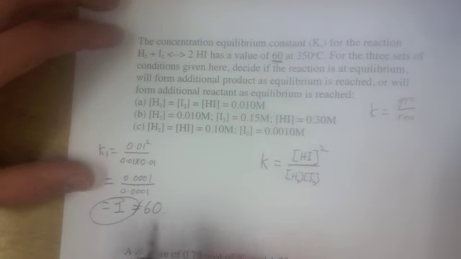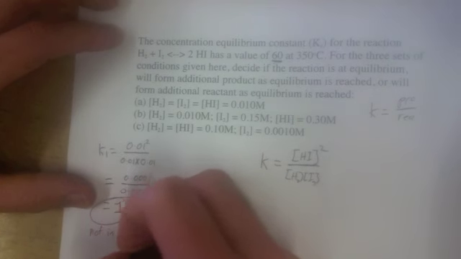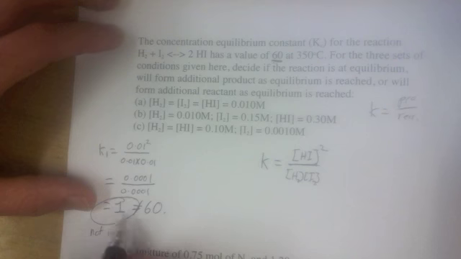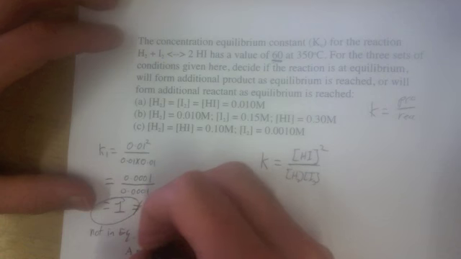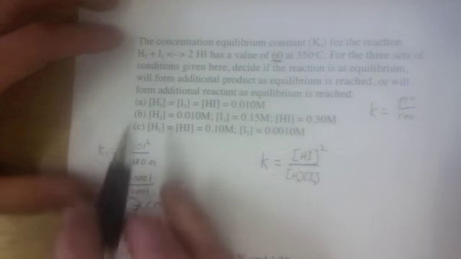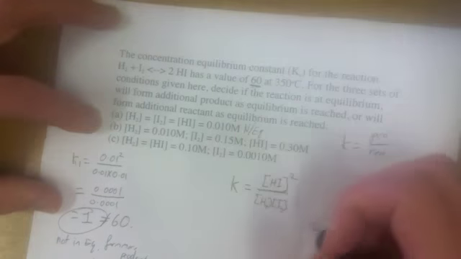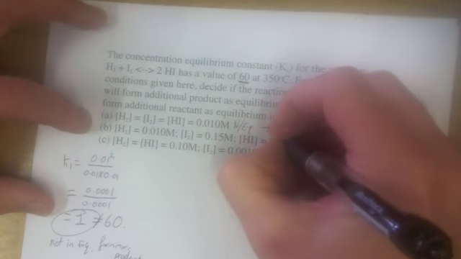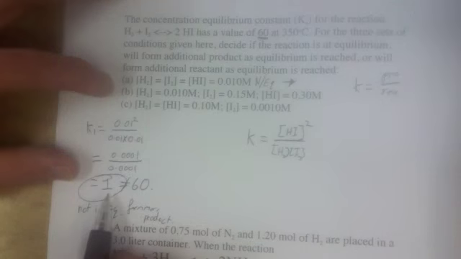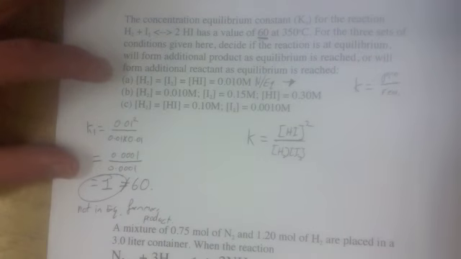It's a lot less than 60, so it's not in equilibrium. It wants to become bigger, so it wants more product, so it will form more product. So our first scenario is not in equilibrium, and the reaction will proceed forward, because the K was smaller than the literature value, and make more products.